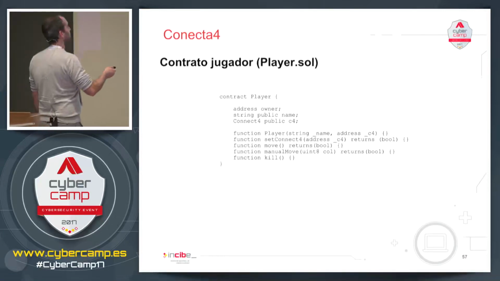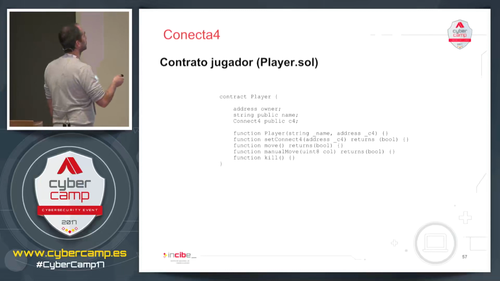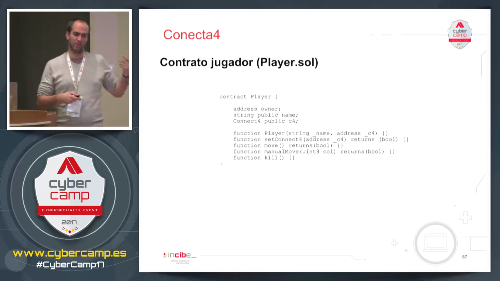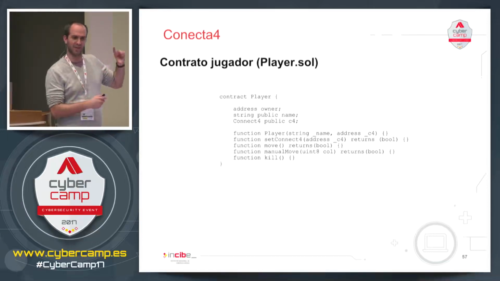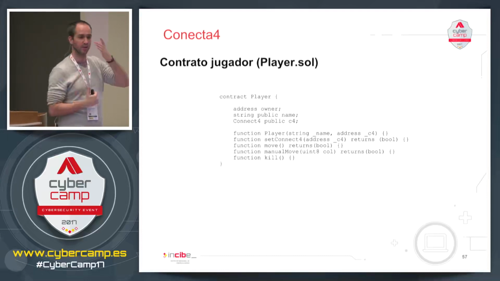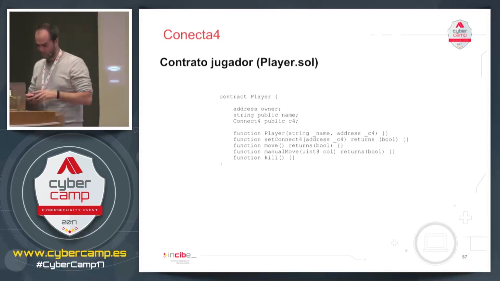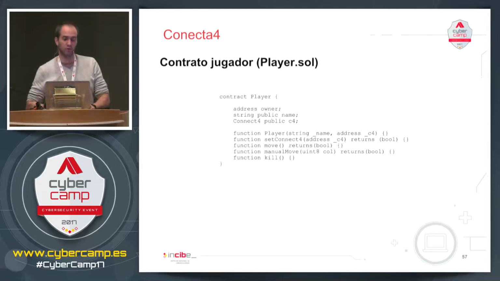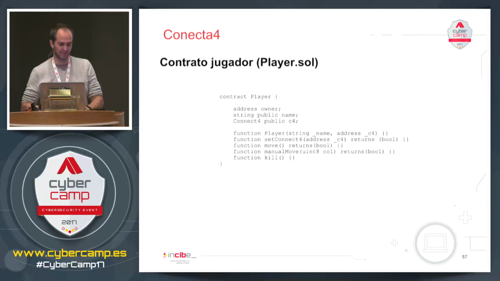The contract called players has the associated board, the owner, the constructor function, the associated function move, and manual move, because you can program it with logic. I'm going to execute that. You can program that so the smart contracts can play in an autonomous way.